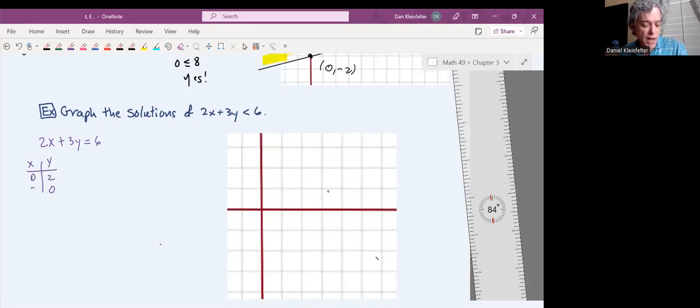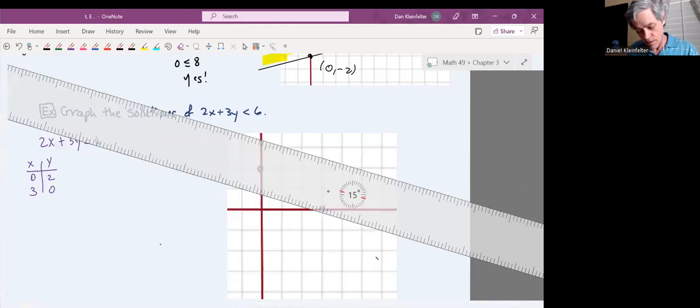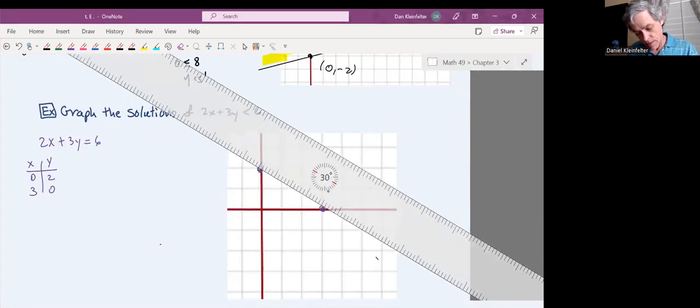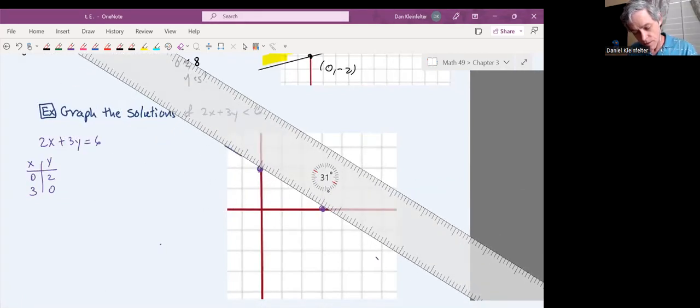When y is 0, x will be 3. On this one, it's strictly less, so we will be graphing the line with a dashed line. So let me get those intercepts on, 0, 2, and then 3, 0. And then let's draw a dashed line.